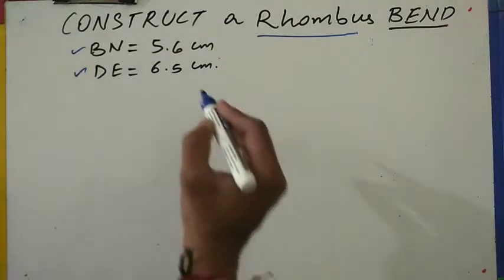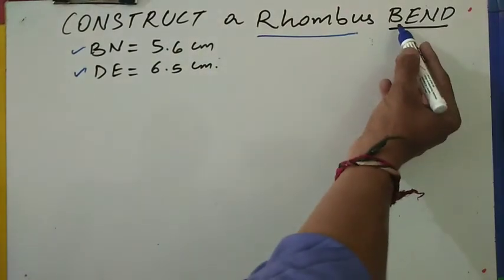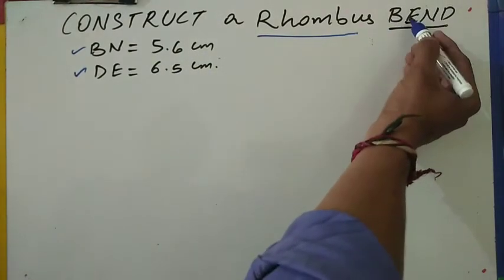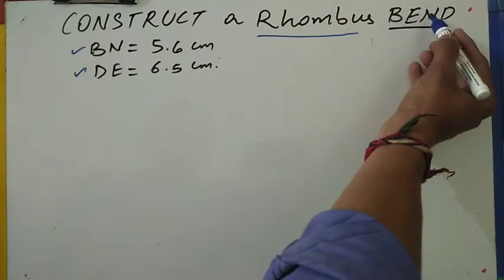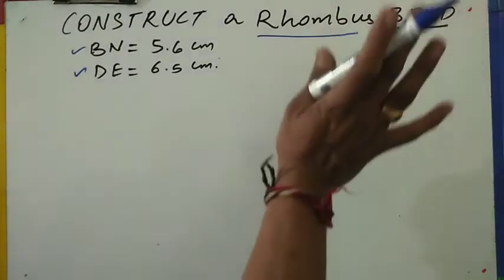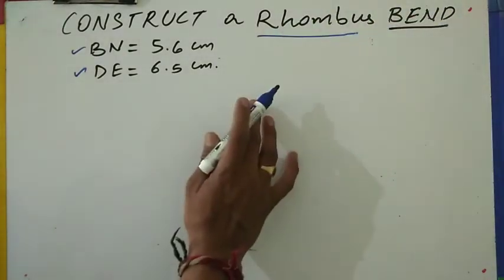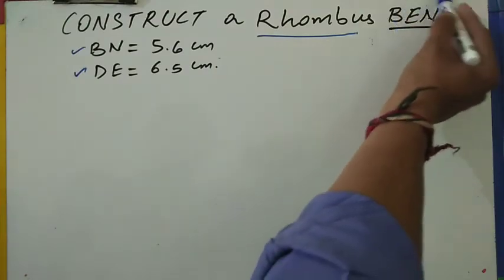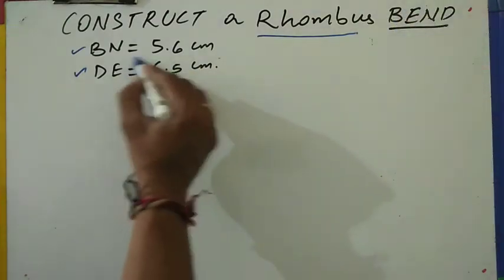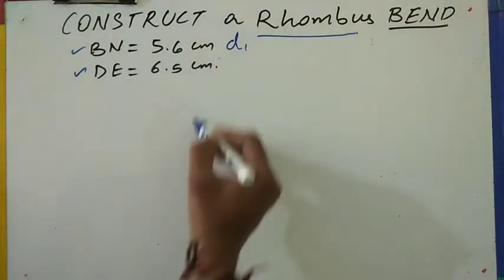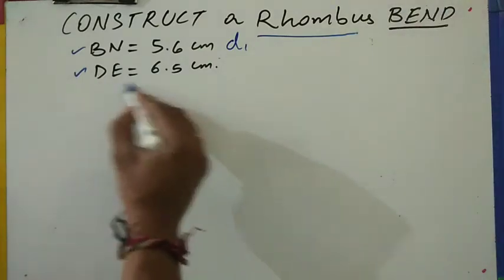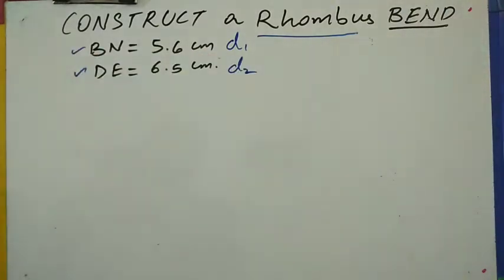Question comes. Now, watch the letters BE, EN, ND, DB. They are sides, continuous letters. Alternate letters BN is one diagonal, ED is another diagonal. So, we are given two diagonals.